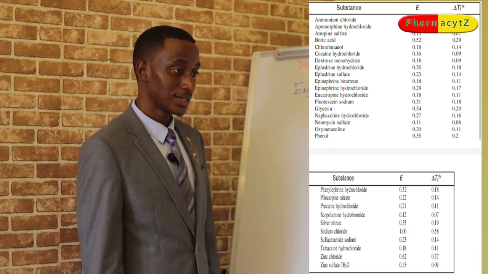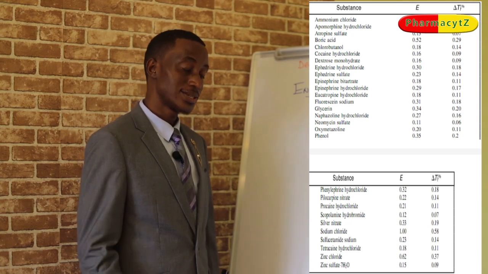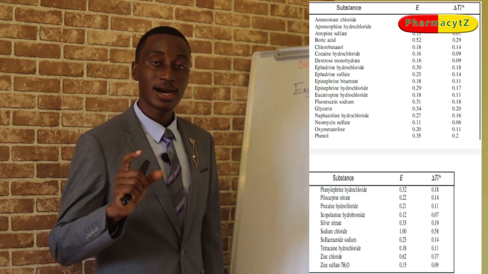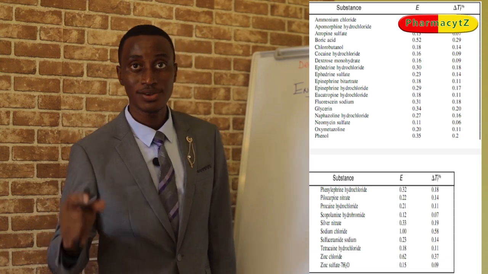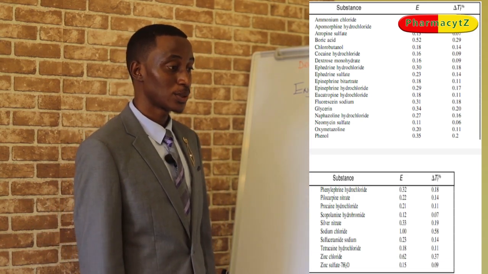If boric acid has a sodium chloride equivalent of 0.52, this means that 0.52 grams of sodium chloride can produce the same osmotic effect as 1 gram of boric acid. That is a simple proportion.